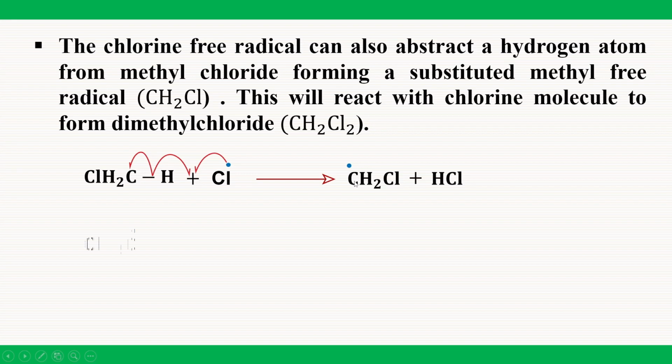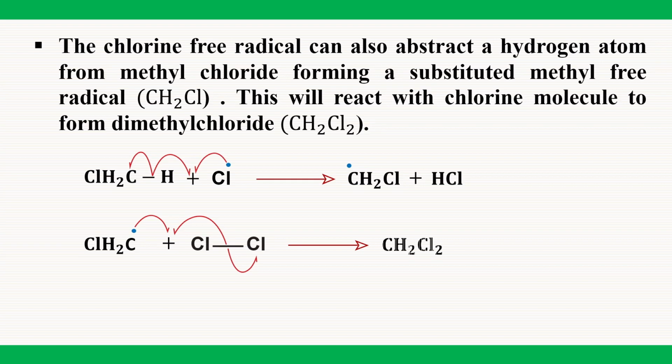This CH2Cl free radical formed reacts with another Cl2 molecule, and homolysis of the Cl2 molecule occurs like this. This CH2Cl free radical joins with a chlorine free radical formed here to make CH2Cl2, and again a chlorine free radical is also formed.